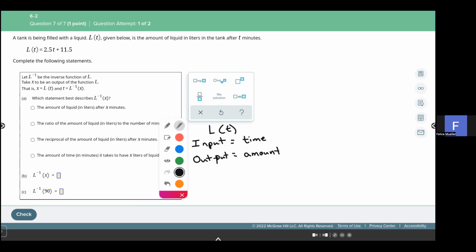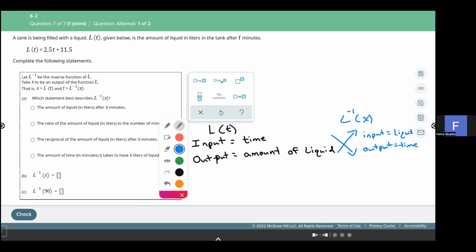So I'm just gonna put amount of liquid. So when we look at our inverse, L to the negative 1 of x, they're actually gonna switch. And so my input is now liquid and my output is now time.